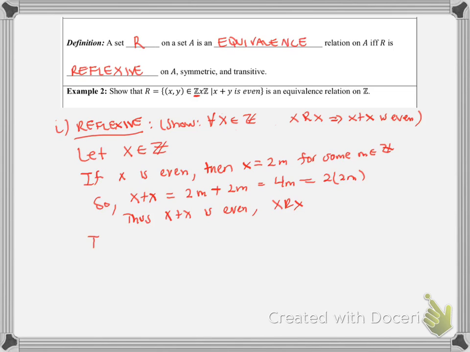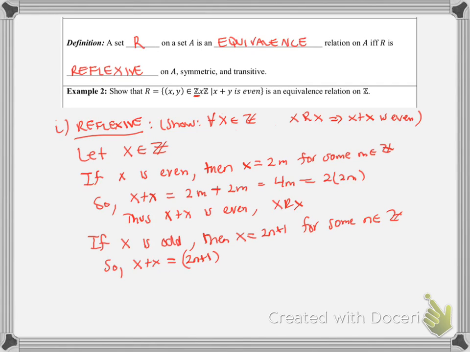Well, what if it's odd? If x is odd, then x equals, let's say, 2n plus 1, for some n belonging to the integers. So x plus x would equal 2n plus 1 plus 2n plus 1. Actually, we really can simplify this and say it's just going to equal 2 times (2n plus 1), which is even.